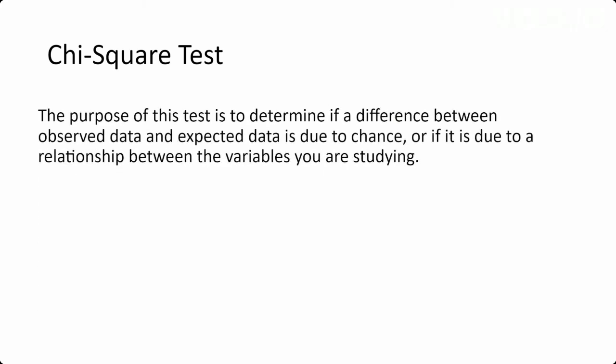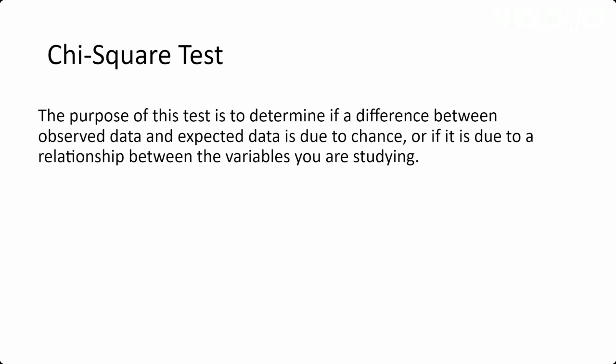We move on to chi-square. The purpose of this test is to determine if there is a difference between observed data and expected data, and whether that difference is due to chance or is a result of a relationship between variables.